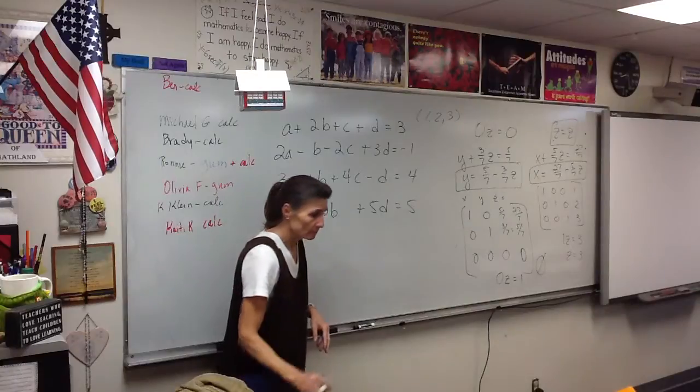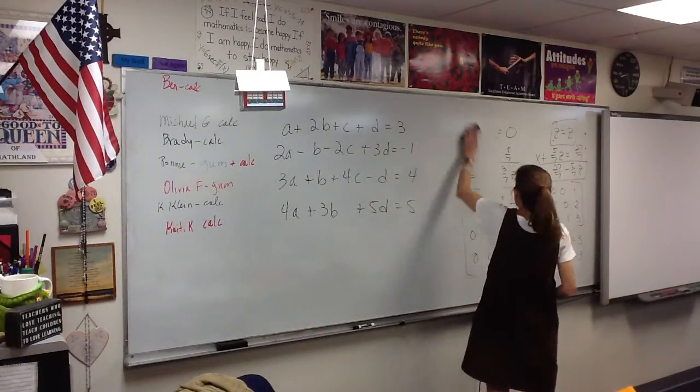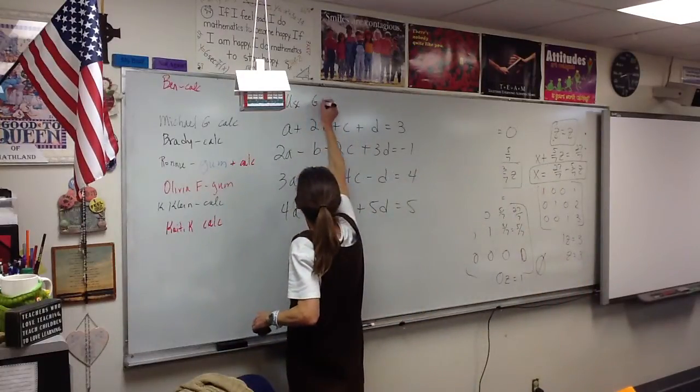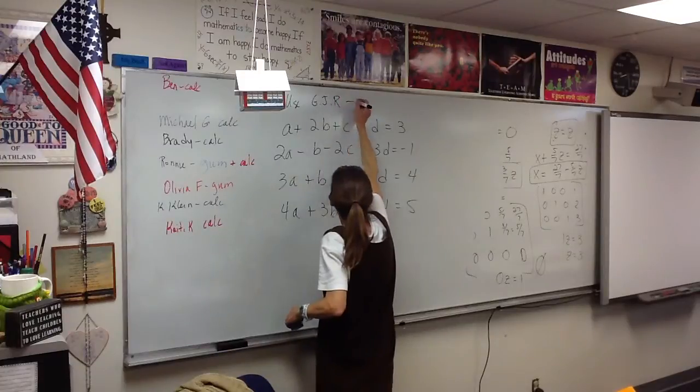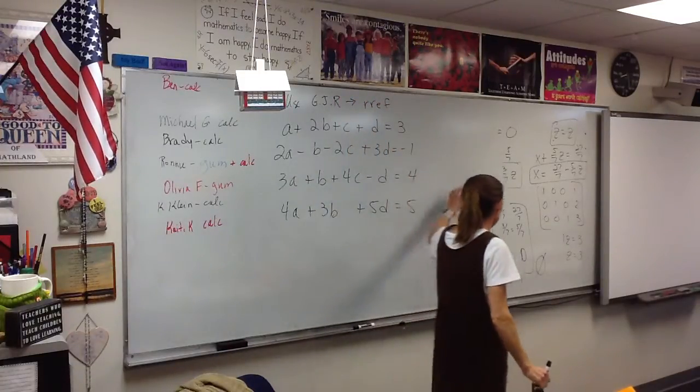Here we go. Your job is to use Gauss-Jordan reduction, which is the same as RREF, reduced row echelon form.